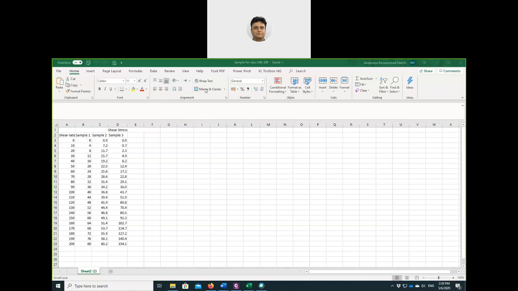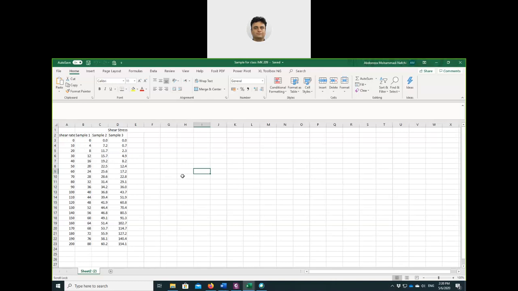Because I want to find the pattern, the best way is plotting the shear stress and shear rate in a chart.